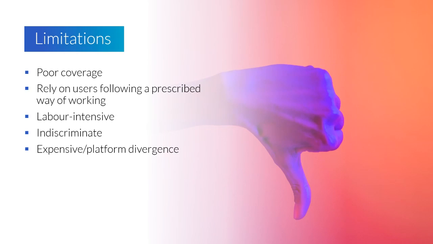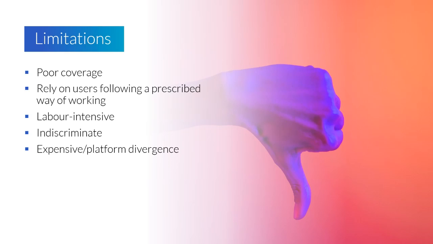So the limitations of these approaches. So first of all, the SharePoint library, content type, workflow approaches, the coverage is poor. We're looking at information that's on specific SharePoint sites. Unfortunately, real users aren't always that predictable. There will be information in people's mailboxes, on people's OneDrives, on network drives, and so on. They also rely on users following a very prescribed way of working. So filing things in the right way, tagging things with the right metadata and so on.